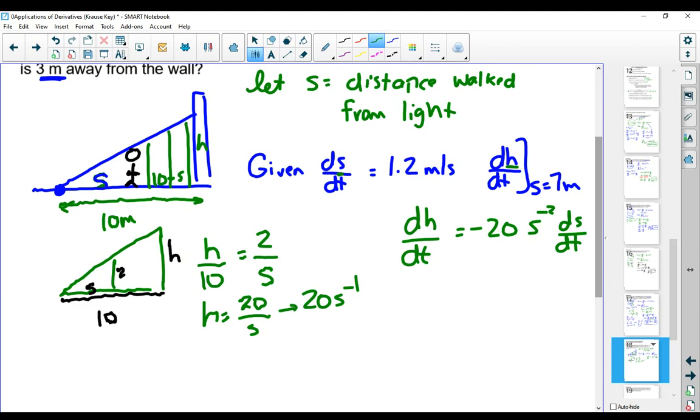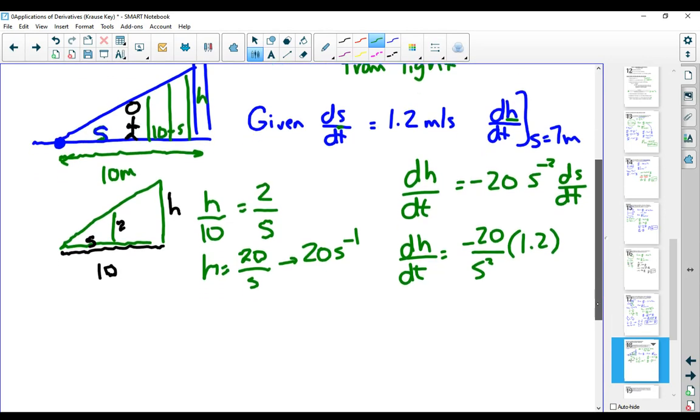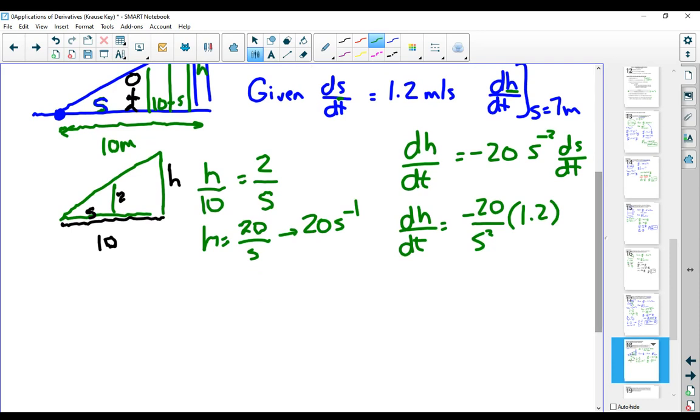At this point, we sub in what we know. dH/dt equals negative 20, I'm just going to move this to the bottom, over S squared, and we know that dS/dt is 1.2. Now, since this was given to me as a decimal, I'm going to keep it in decimal format, but my final answer I'll convert to exact.